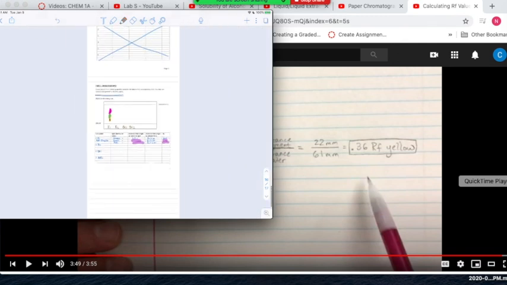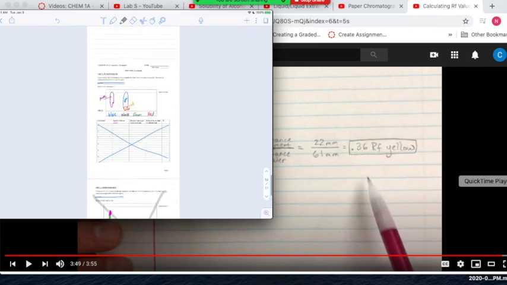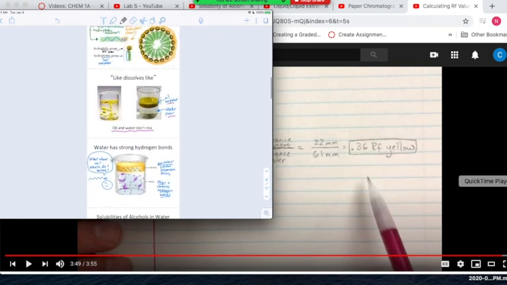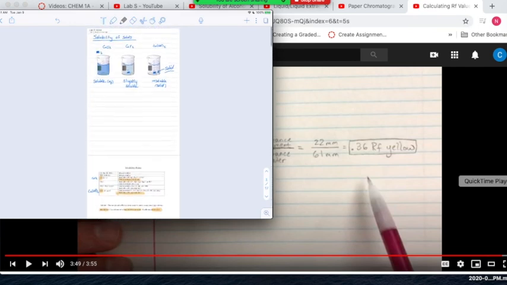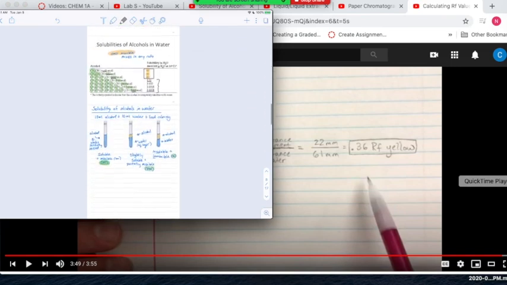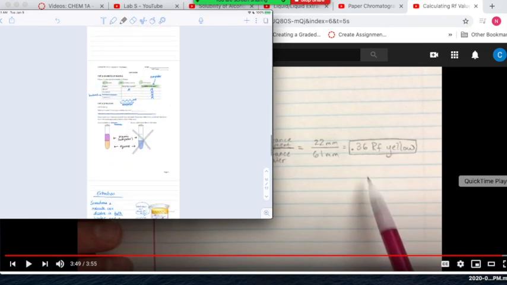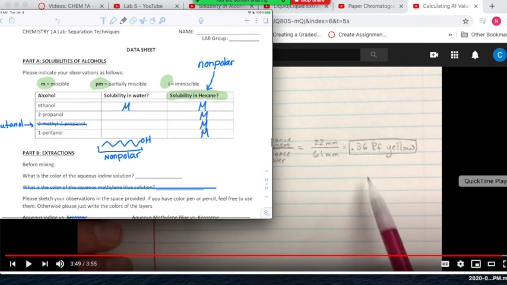So I'm going to go ahead and cross that out. So what I need from you in terms of your lab is I need you to have part A filled out. So you're going to tell me if alcohol is miscible, partially miscible, or immiscible in both the water and the hexane.